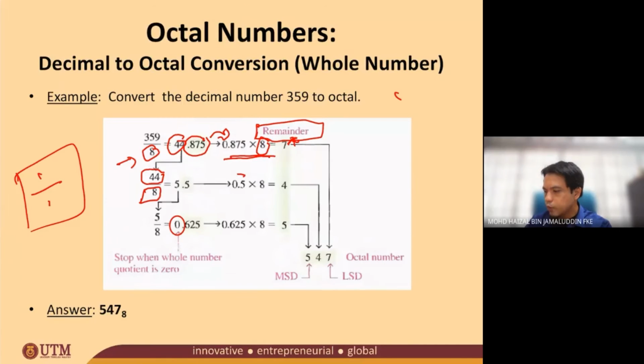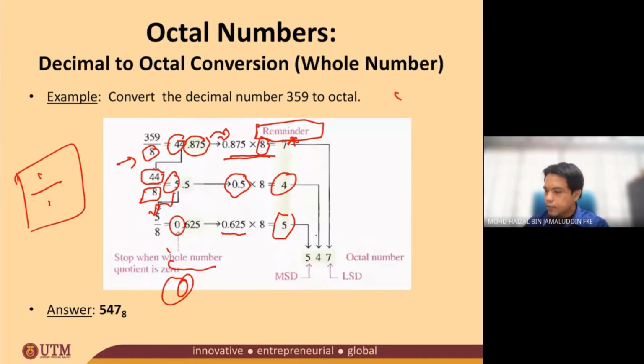So take the 0.5 multiplied by 8, you get 4. And this 5 value, you bring it down, you further make a division. You only stop when the whole number is 0. Okay, the whole number is 0, you stop. And then you take the remainder, 0.625, multiply by 8, and you get a value here, 5.